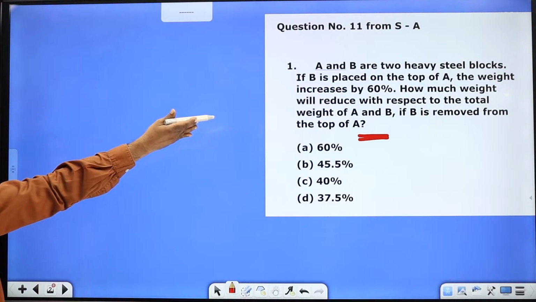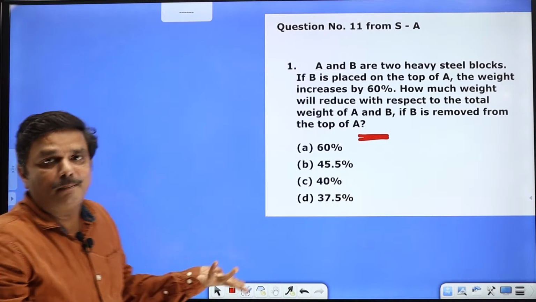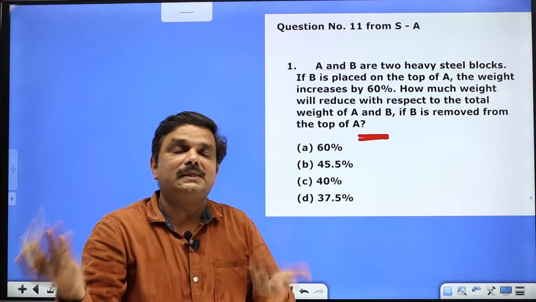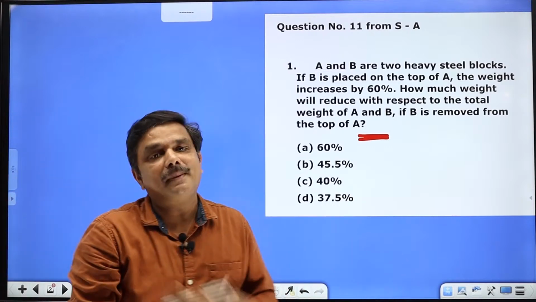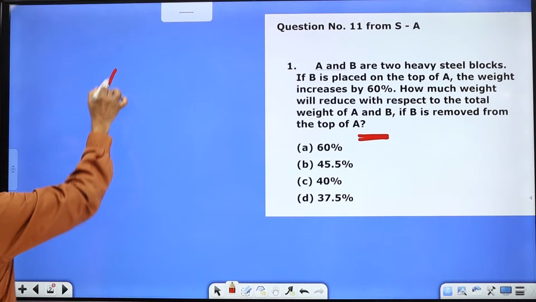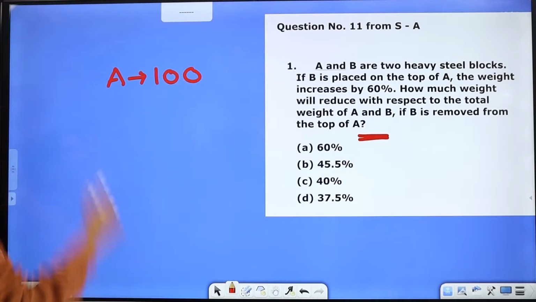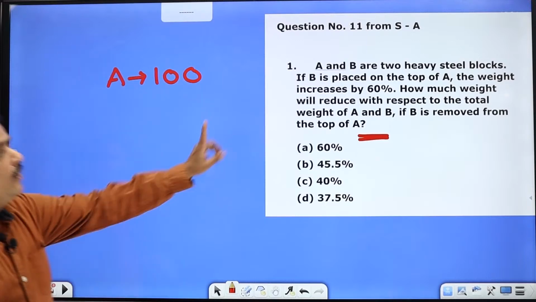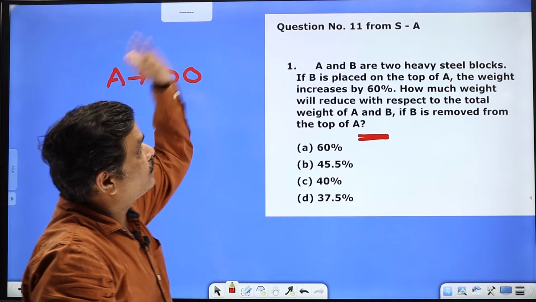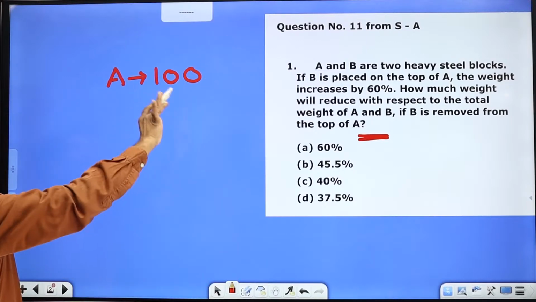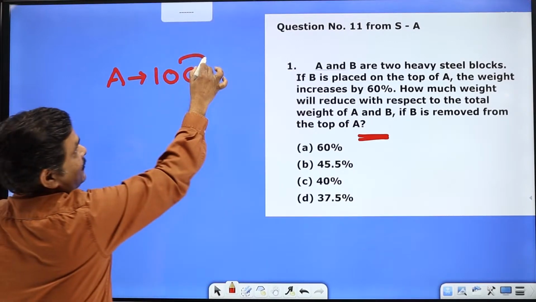Since the question is in percentages, you can start with any number you want, because finally percentage is not going to be changed. This is the basic rule. Now here let's take A's weight is, okay, let's take 100 units, take 100 kgs or whatever it may be. Now when B is placed on top of A, the total weight increased by 60%.